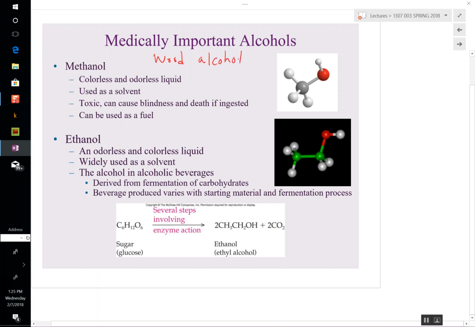Under some conditions, I don't know exactly how you make wood alcohol instead of ethanol, but you also, through a fermentation process, can make wood alcohol, but it is poisonous. It can be lethal. You drink too much of this, it'll kill you. You drink not quite so much to kill you, it will make you blind.